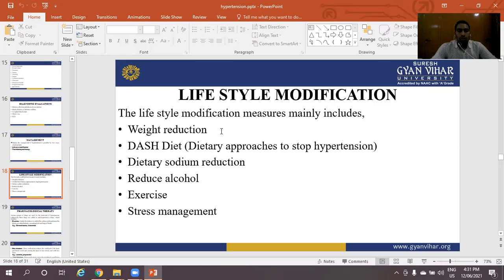It mainly includes weight reduction, dietary approaches to stop hypertension, dietary sodium reduction, reduced alcohol intake, exercise, and stress management. These are the lifestyle modifications for hypertension management.